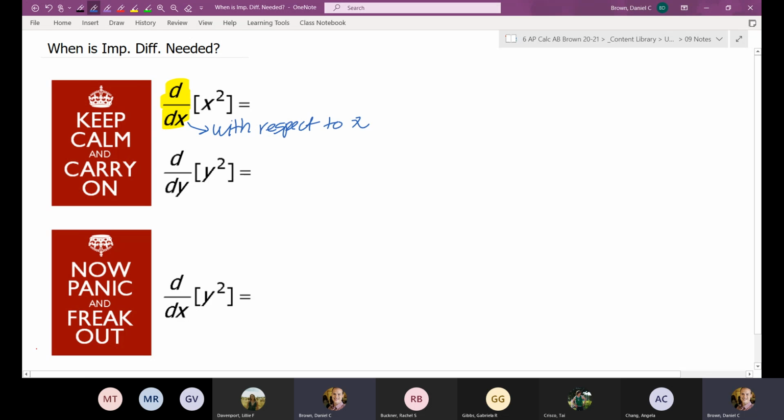Well, if we're taking the derivative with respect to x and we have an x, there's nothing different. We know how to do that. The derivative of x squared would just be 2x. Like we know that, it's true.